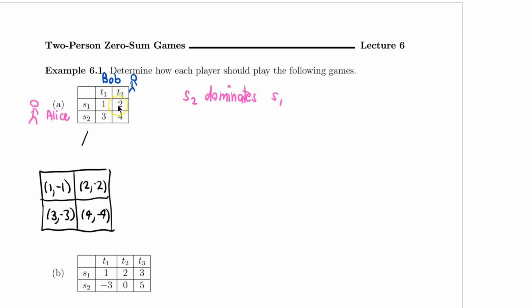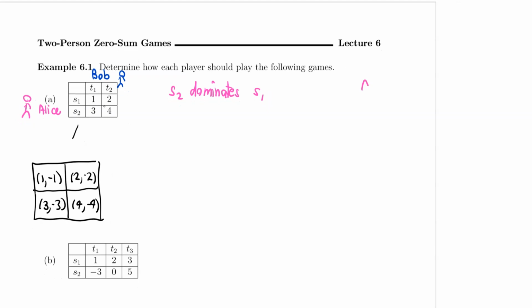The number that we see here is Alice's payoff. So if Alice gains $3, that means it is Bob who has to pay Alice $3. So obviously Alice would like the game to end in a larger number. Alice likes large numbers. Let me write that here: Alice prefers large numbers.